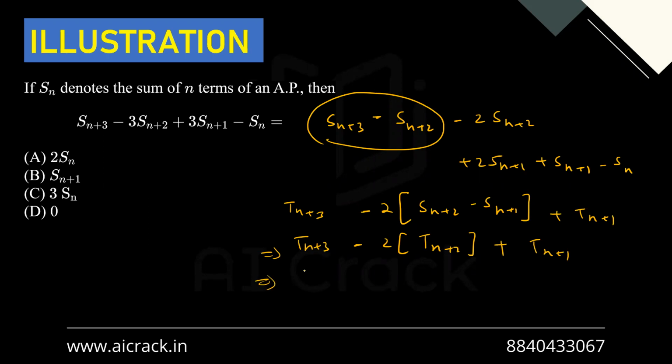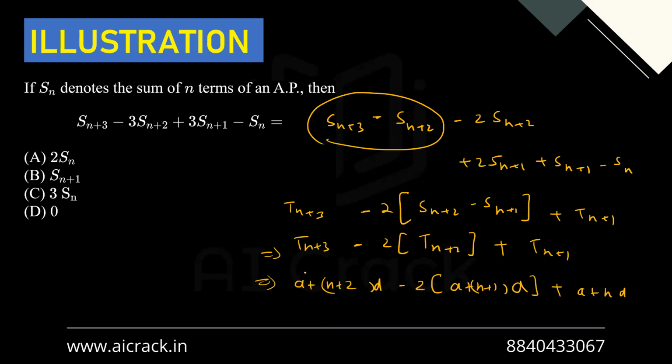So basically I'll be writing this as a plus (n plus 3 minus 1)d, using the formula for general term, minus 2 times (a plus (n plus 1)d) plus (a plus nd), right? So this is n plus 2d.